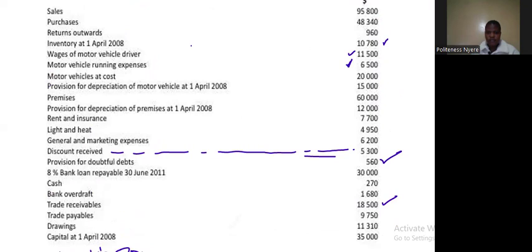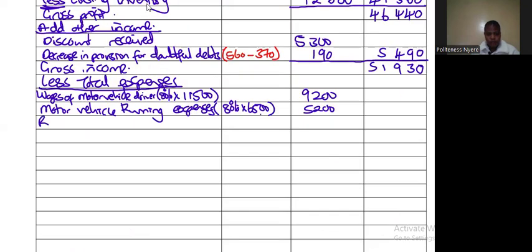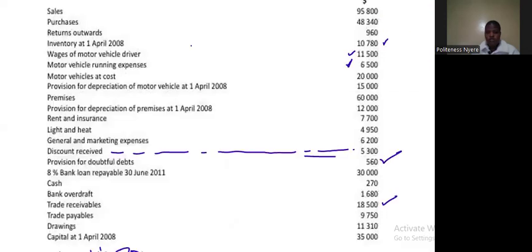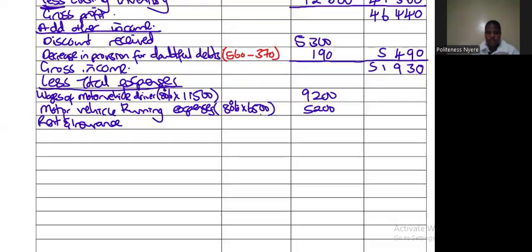Rent and insurance was 7,700, then minus 450, the prepayment. So it's going to be 7,250.